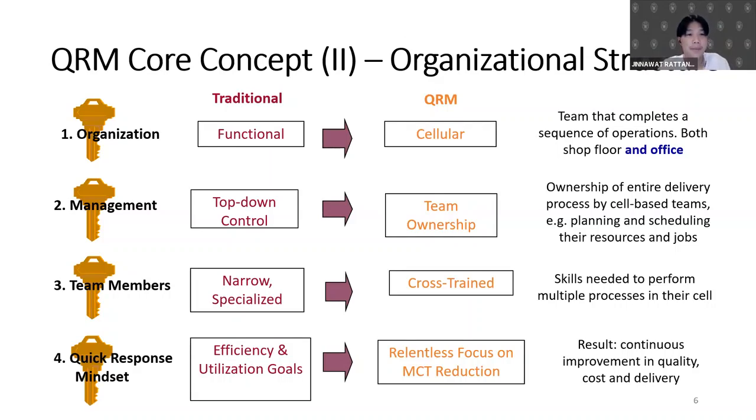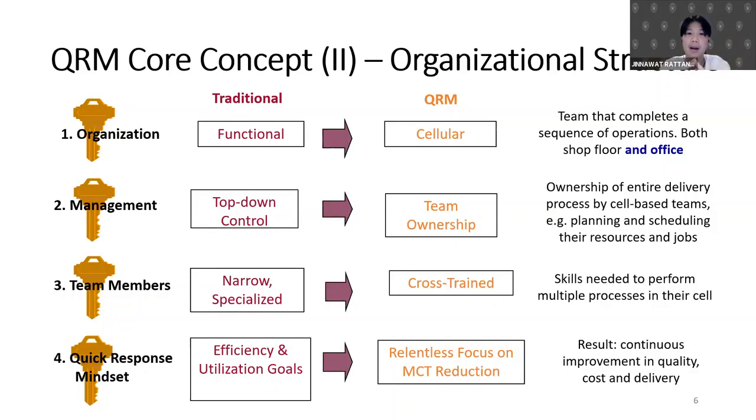The second one is management. In the traditional way, it is top-down control, where the owner is the highest and the worker is the lowest. But for QRM, we have team ownership, where there is a team leader in each cell, and they work together and decide together.